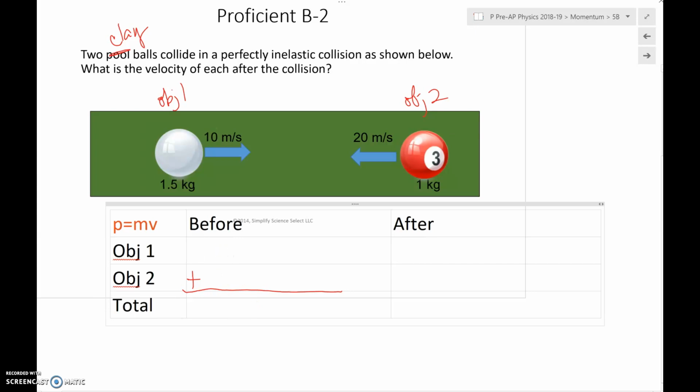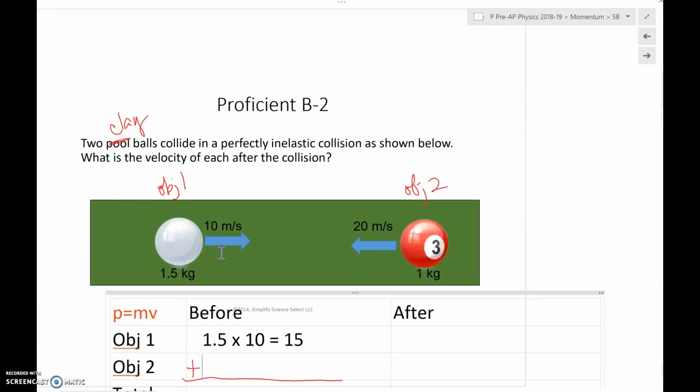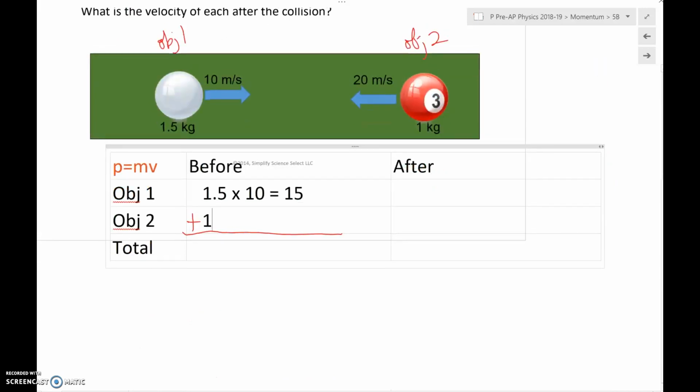In this case, we've got 1.5 kilograms times 10 meters per second, and that gives us 15 kilogram meters per second. The other object is 1 kilogram, multiplied by 20 meters per second. It adds up to 35.